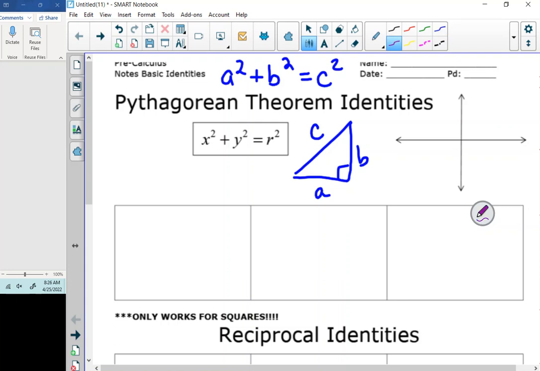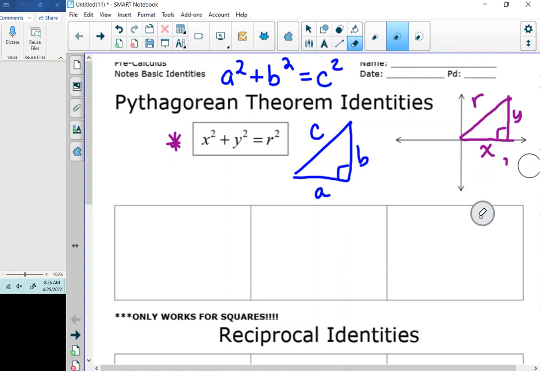The Pythagorean theorem-like statement that I'm going to work off of is the one that looks like this. And that is, if we come back to a triangle that we could put on the unit circle, I could create that same relationship, but instead of using an a, b, and a c, I can use an x and a y and an r.